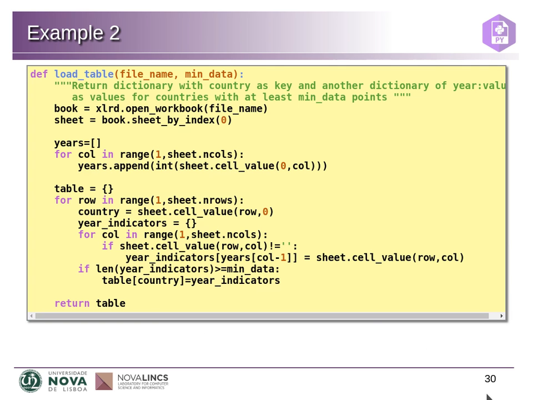So if the value at that place in the Excel sheet is not empty, we will create in our year indicators dictionary, this is a new dictionary that we create here, an entry with the year, the same year that we have here.